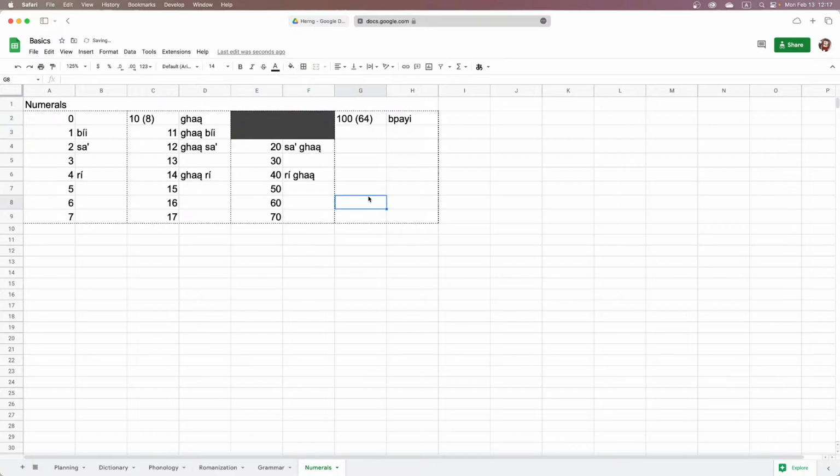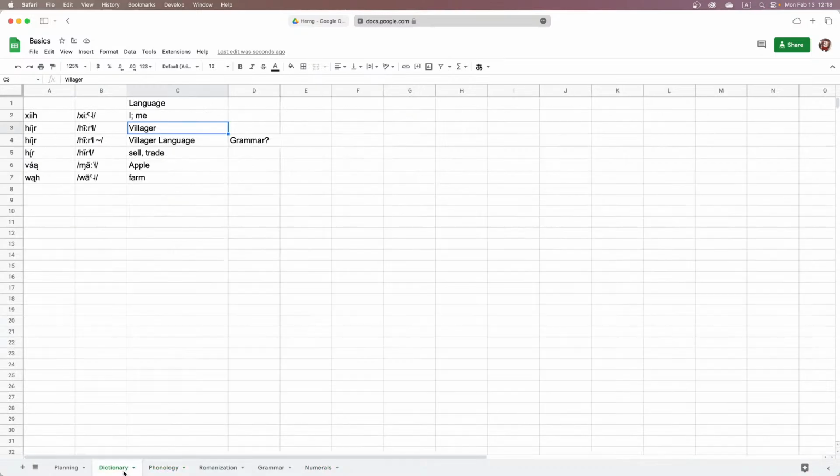So we have these. Now, how should we use it with nouns, for say counting nouns? We could just do the simple way of adding the numeral next to the noun, whether before or after. So we could just say the word for apple is vin.